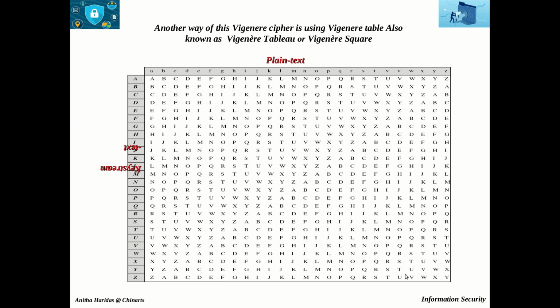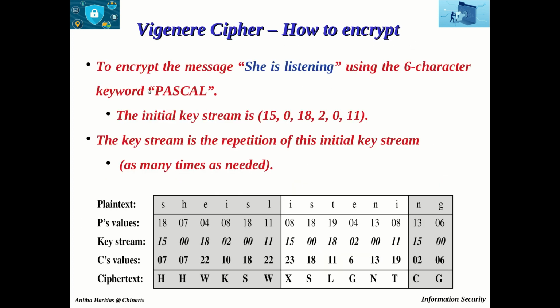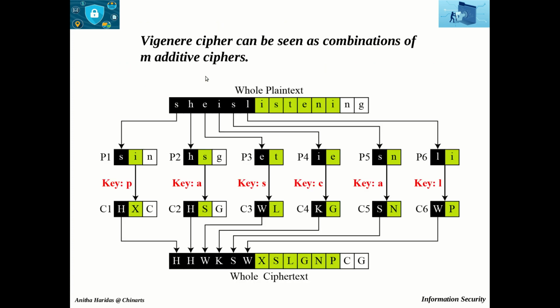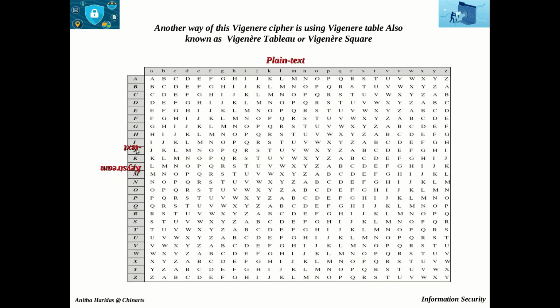In the square, the columns represent the plain text characters, denoted as small case letters, and the rows are represented with the key stream text. This is the key stream text that we are going to use, and observe here the key stream is represented in capital letters. So this is the Vigenère table, and it is very easy to do the encipherment process using the Vigenère table.